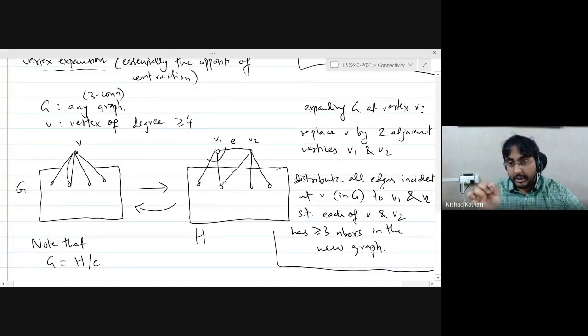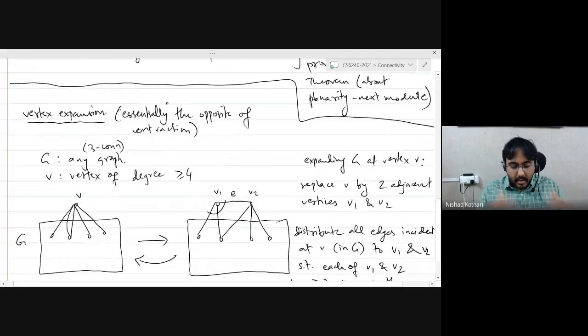When you contract an edge, you get a specific graph. But when you expand at a vertex, you have a lot of freedom. Hopefully now this is a bit more clear. So it turns out that this vertex expansion operation is exactly the opposite of contraction when you are looking at this theorem.